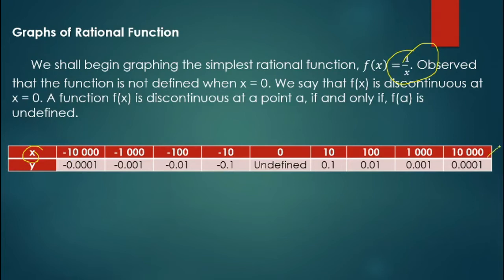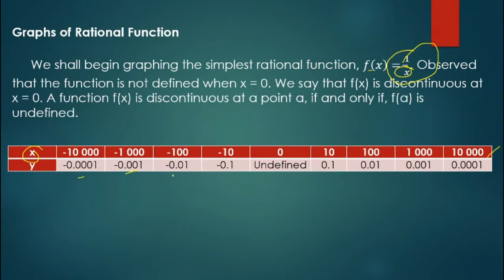So, nakadepende naman sa inyo kung ano yung gusto nyong ibigay na value for x. So, if the given is this, negative 10,000 to positive 10,000, kailangan lang natin siyang i-substitute dito sa variable x. And then, kapag sinolve natin siya, ang magiging value ng f of x or y ay ito.